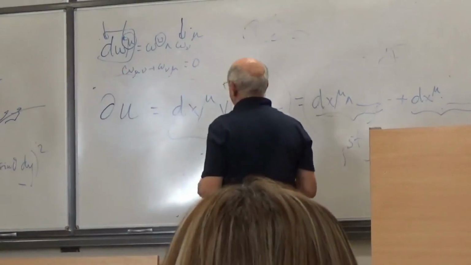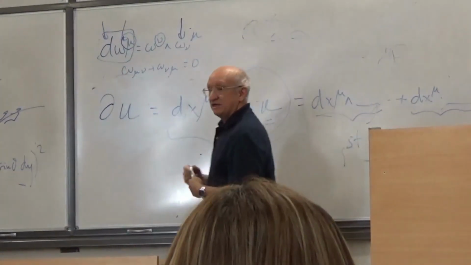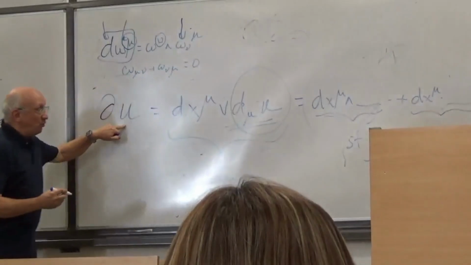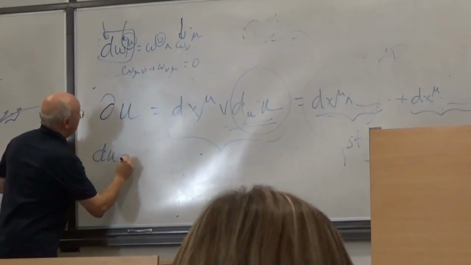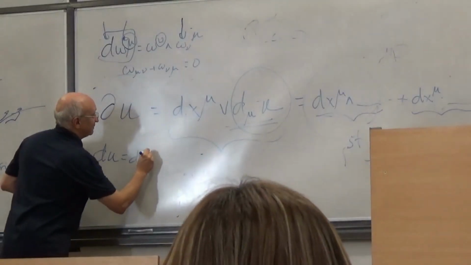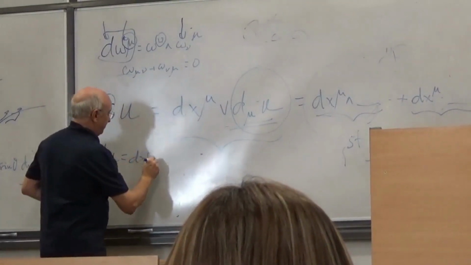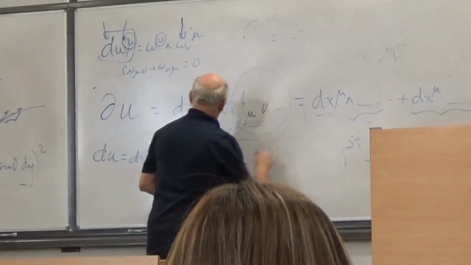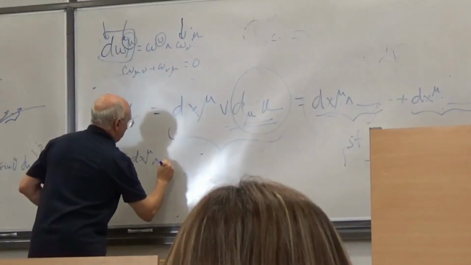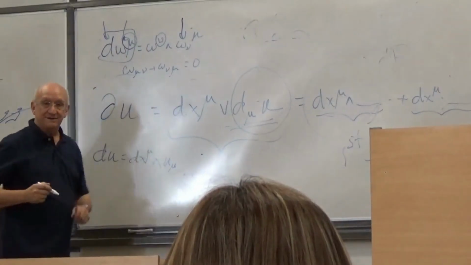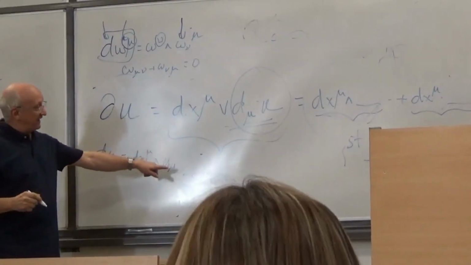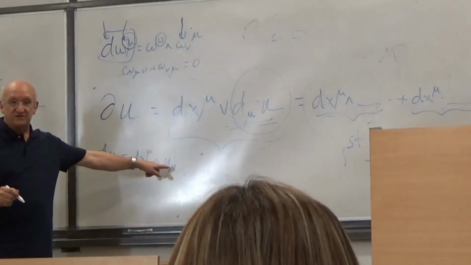Okay, so the du then is dx mu exterior u sub mu, okay? Where this is what we call the covariant derivative of g.